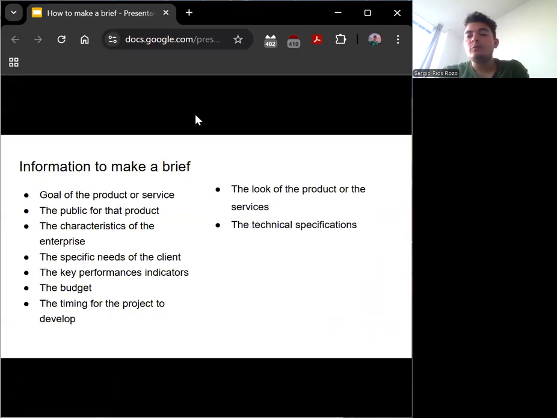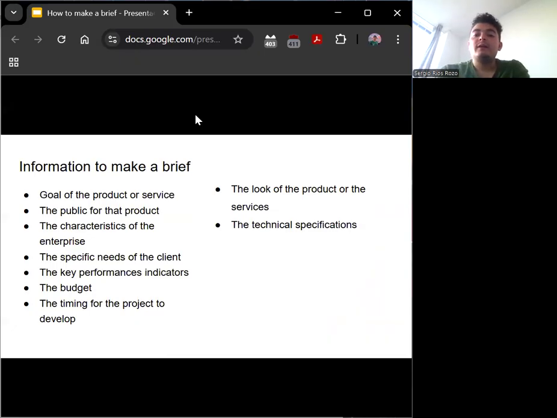Even if not all briefs are the same, we have to identify the principal parts of each brief.